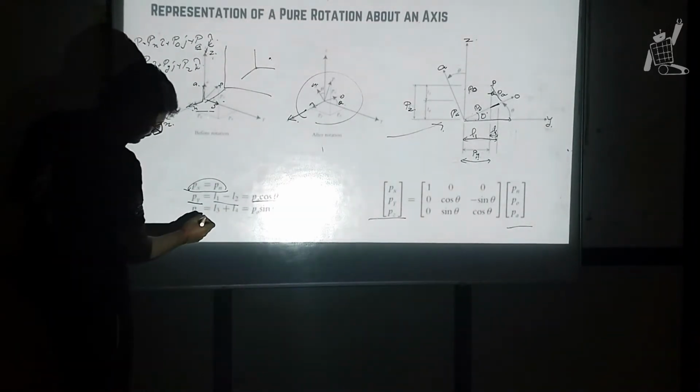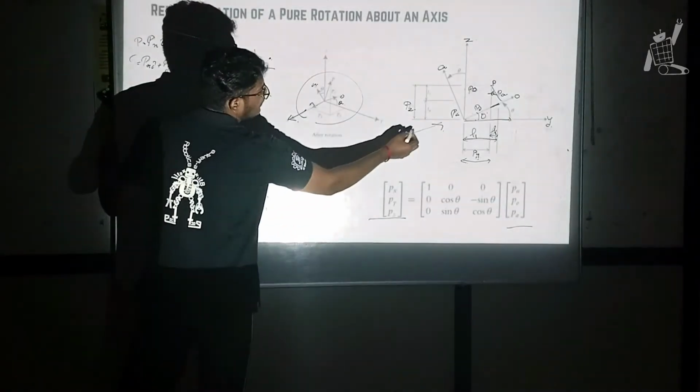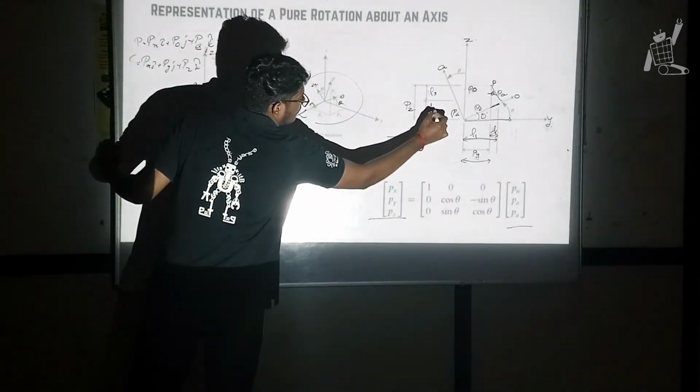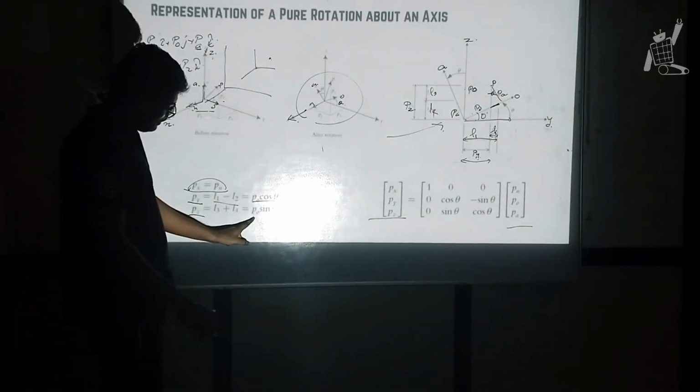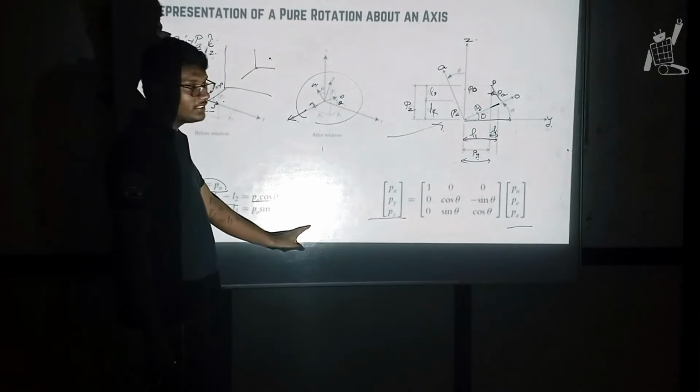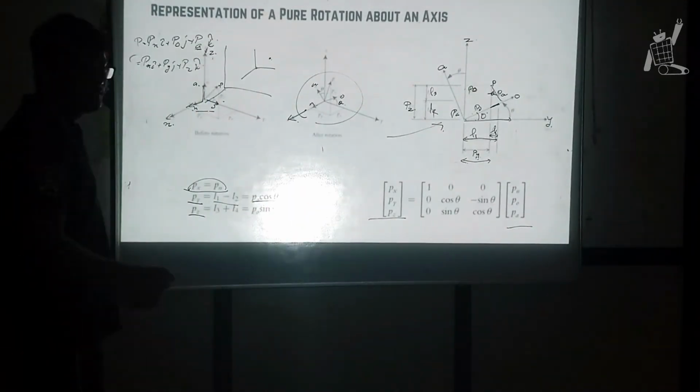Similarly, Pz will be L3 plus L4, which can be written as PO sin theta plus PA cos theta. That can be derived from the figure.